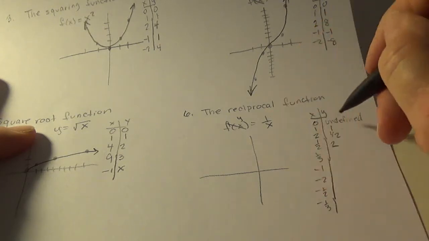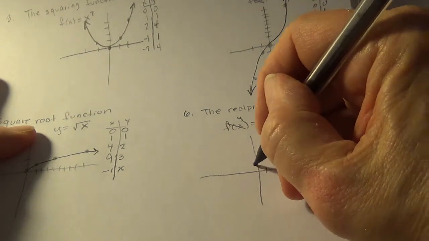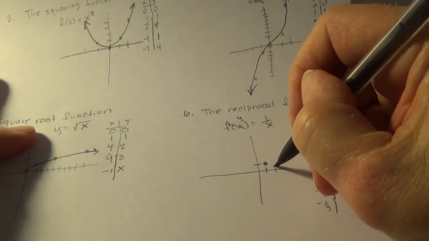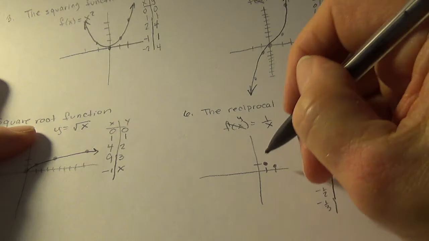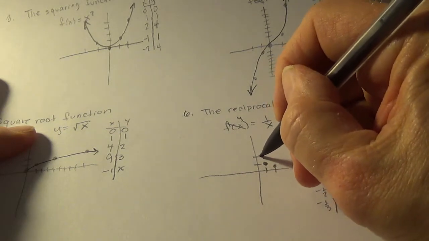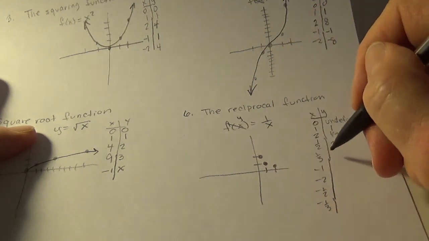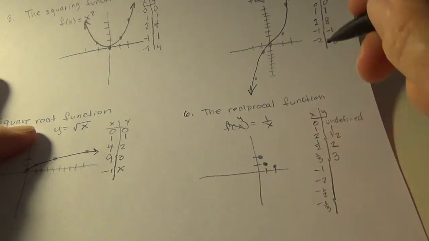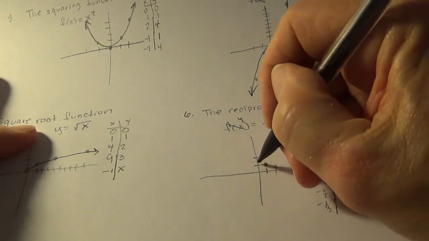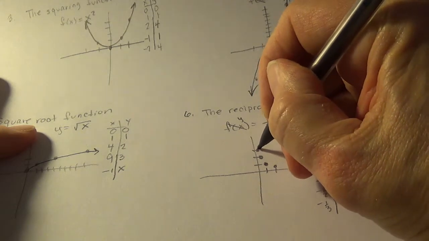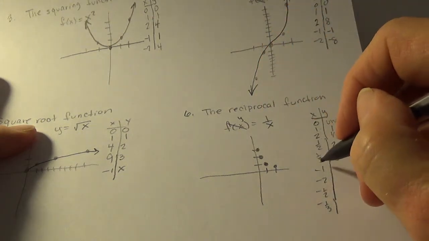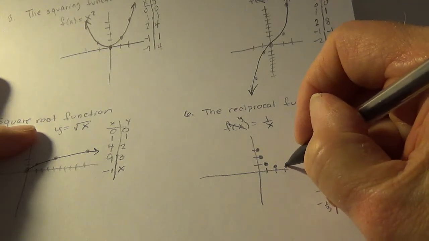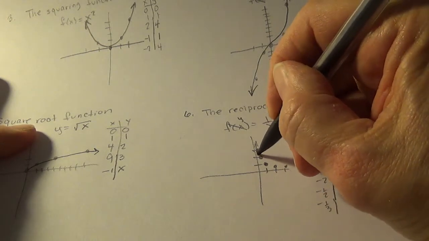So 0 has undefined, 1, 1. 2 over 1/2 up. 1/2 over 2 up. 1/3 over 3, because the reciprocal of 1/3 is 3. And if I snuck a 3 in there, I get a 1/3. So this side looks like this.